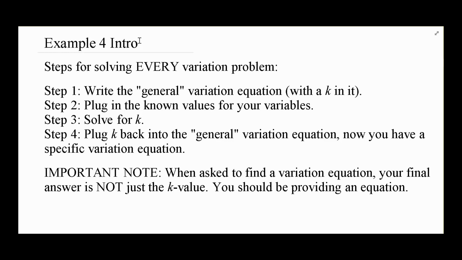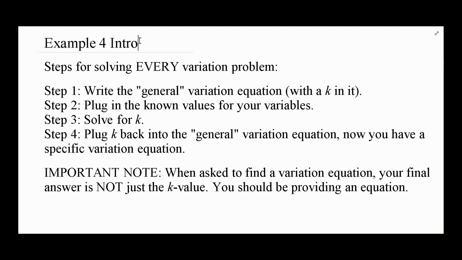You plug those in, and that allows you to solve for k, because k is the only variable left. Once you solve for k, you put k back into the step 1 equation, and now you have a specific equation built just for your situation. Again, we'll see an example of this. I just want to get these steps written down so you know what to expect.